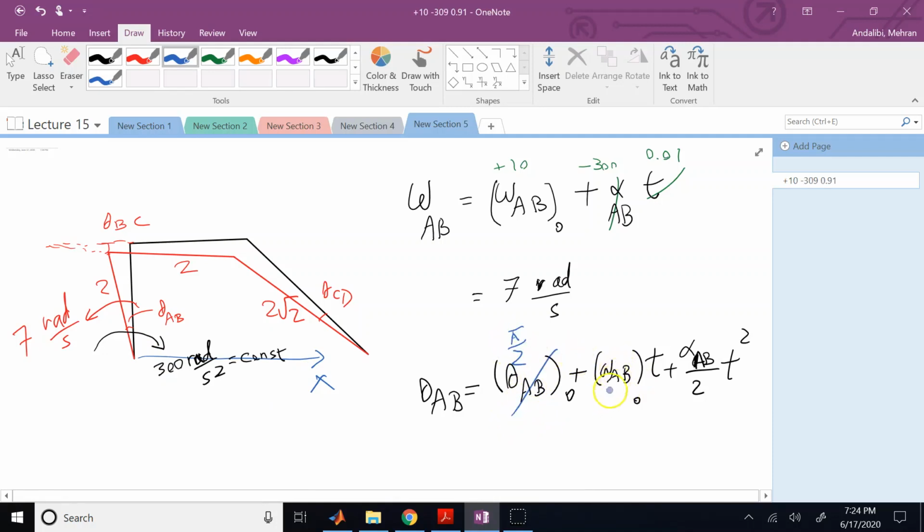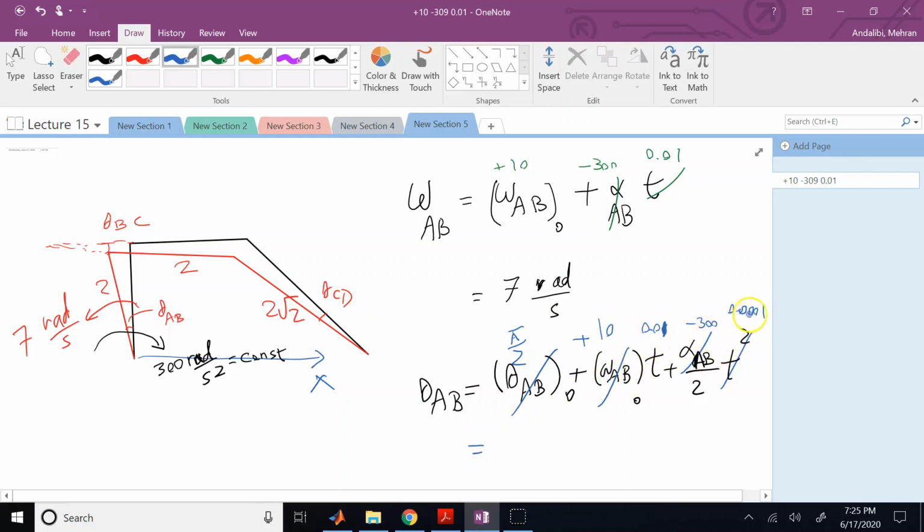This is positive 10. This is a millisecond. This is a millisecond squared. And alpha was negative 300. So if you calculate, this number is going to be 0.1.